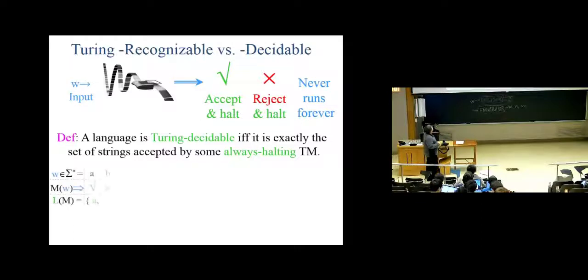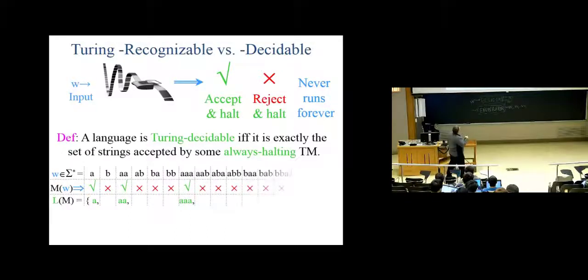Now, here's an example. Let's say all the strings in sigma star are enumerated in the first row here. So A, B, BA, BB, and so on. All the strings in sigma star there in the first row. Let's say the machine halts on the string A, and when you feed it AA, it halts also. For AAA, it halts. And then it doesn't halt. X means reject.